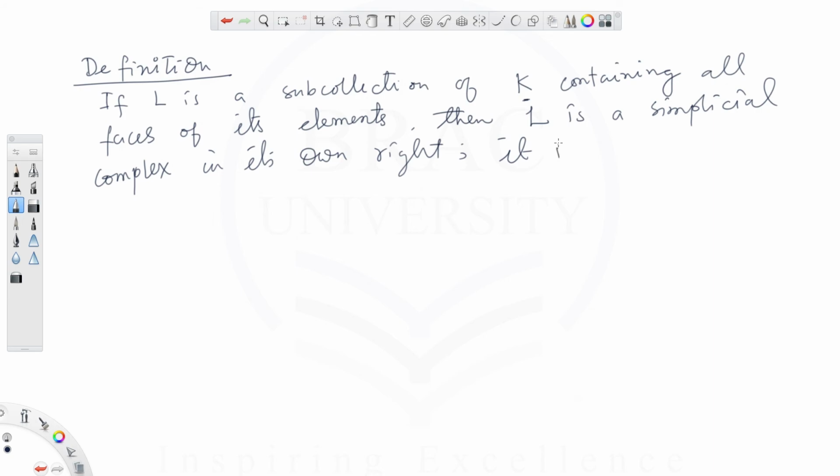It is called a subcomplex of the simplicial complex K.